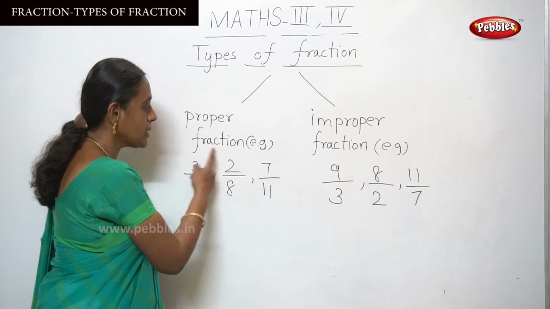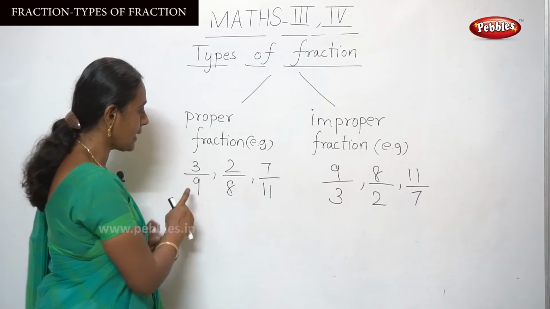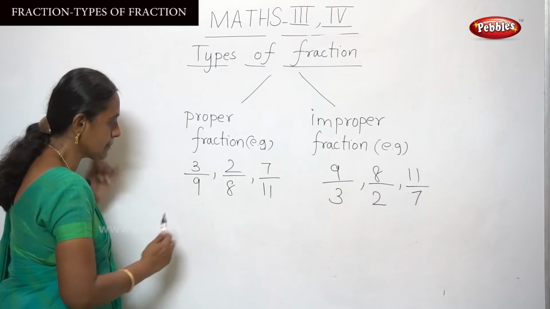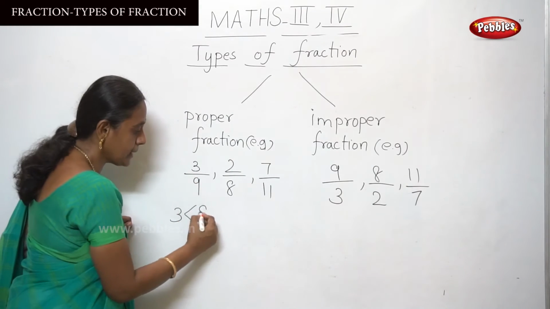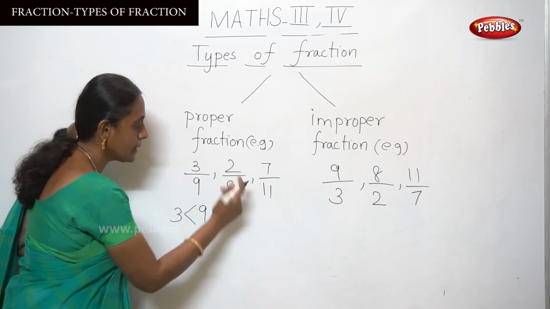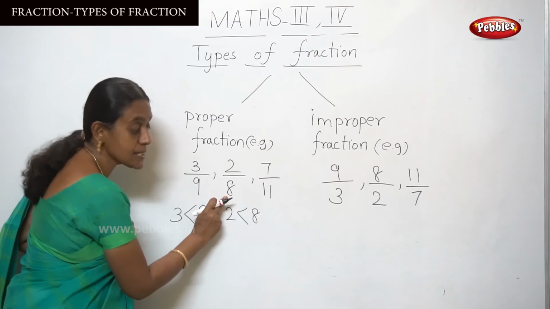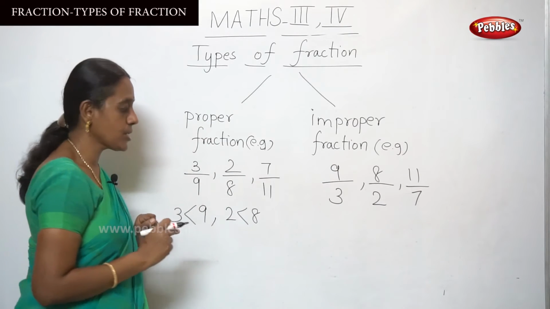All these numerators are lesser than the denominator. Here 3 is lesser than the denominator 9, so this is called proper fraction. And 2 is lesser than the denominator 8, so 2 by 8 is also a proper fraction.